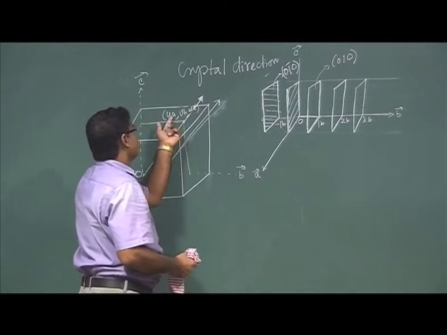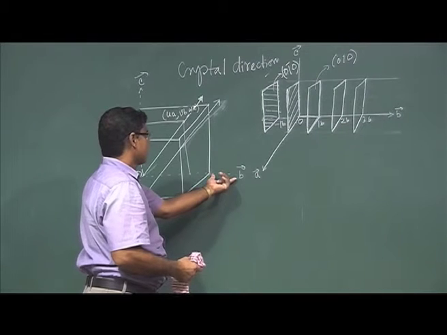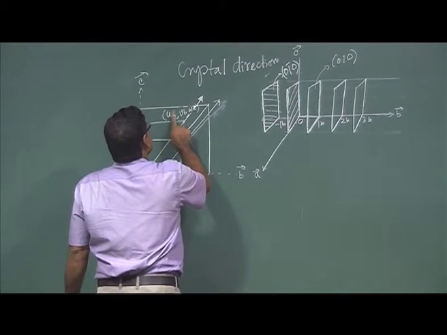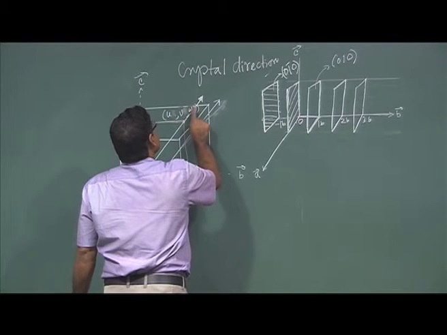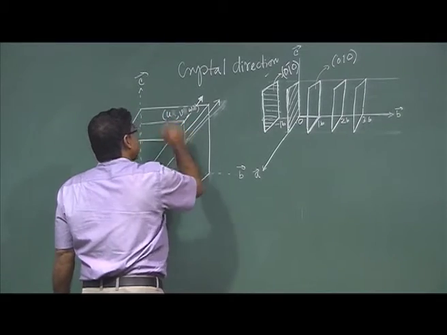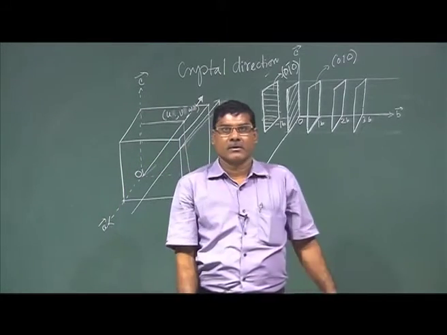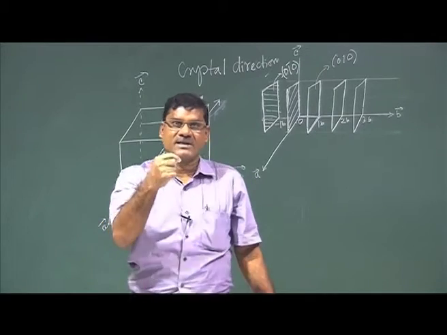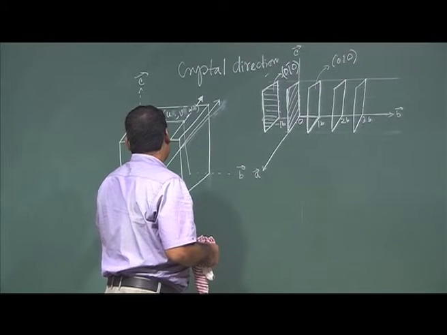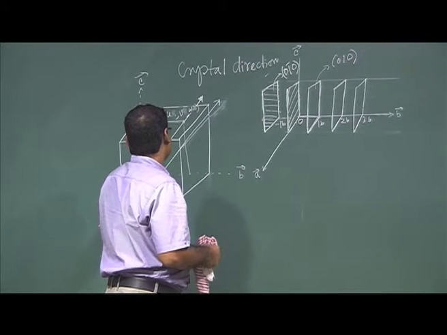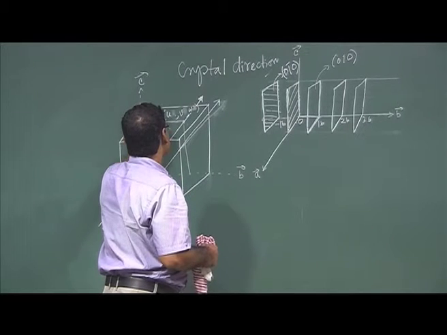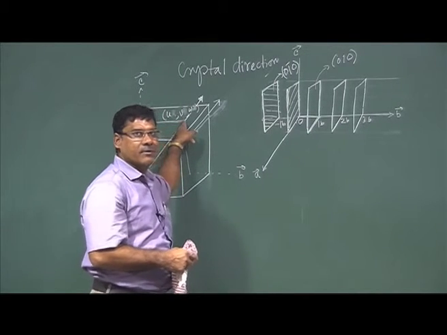In terms of that unit we can write u v w. That means one has to go u times A, then v times B and then w times C to reach this point. So, that is the coordinate, right.